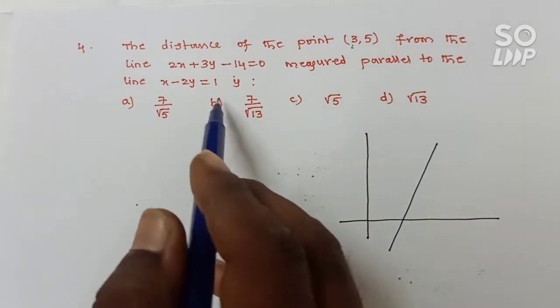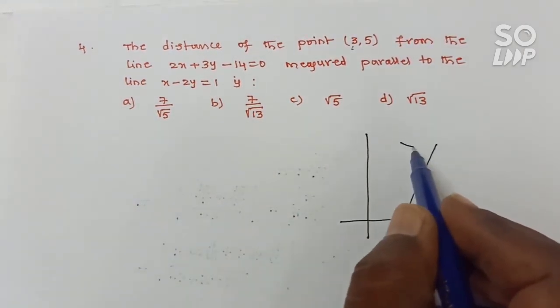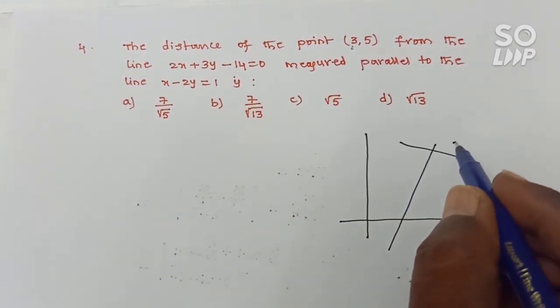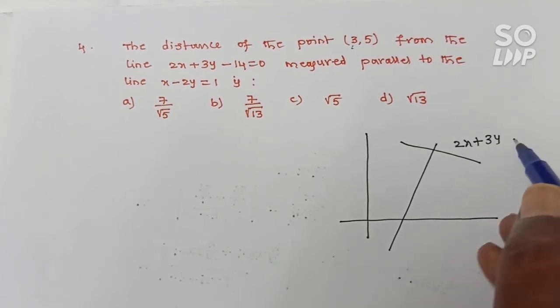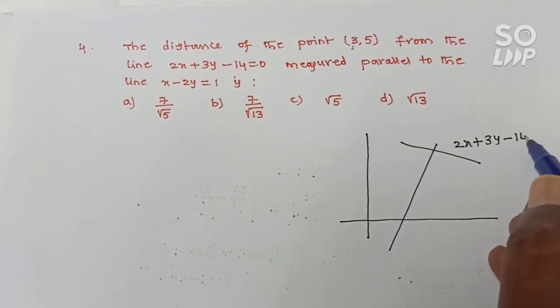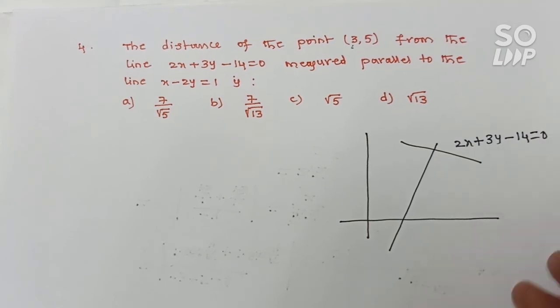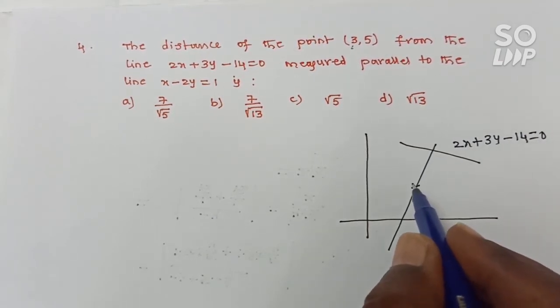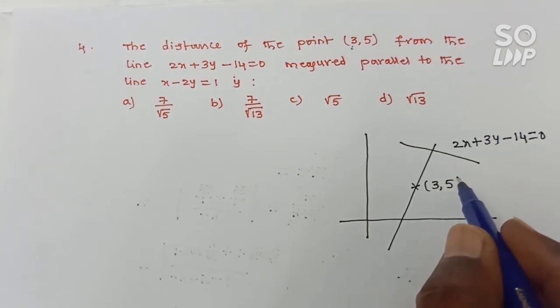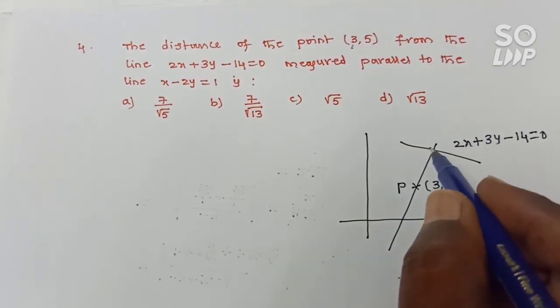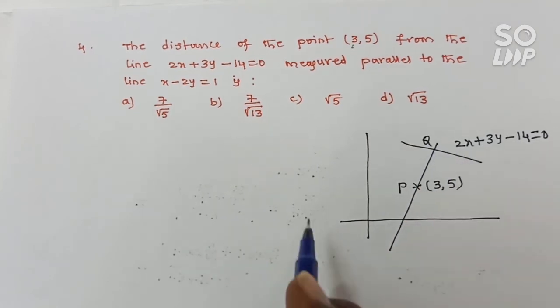Okay, so this line is 2x plus 3y minus 14 equals 0. Right? Now the given point is (3, 5). So here you take this one as P and this point as Q.